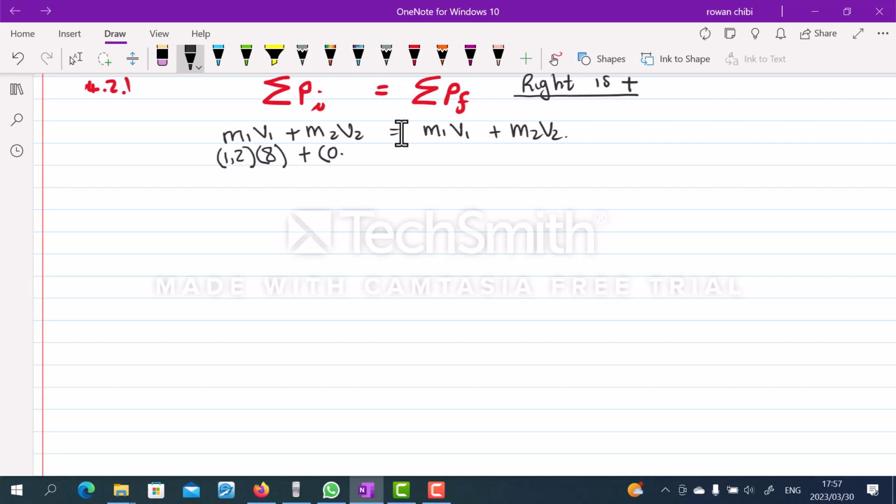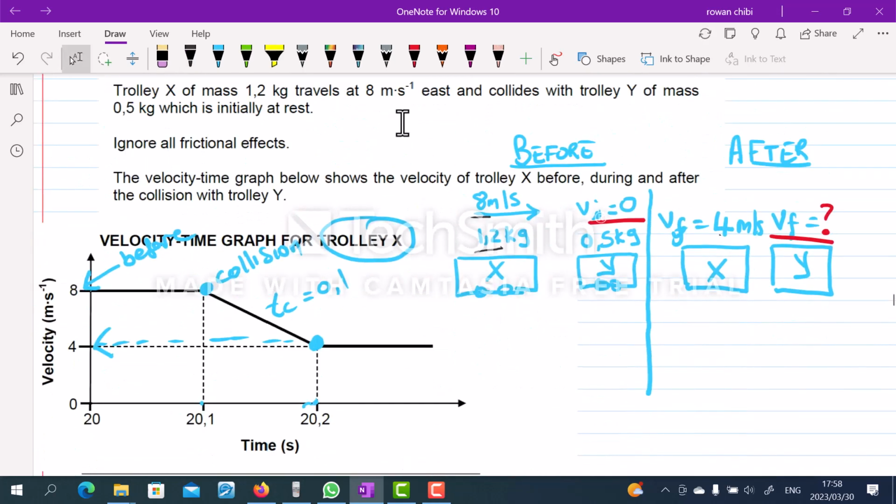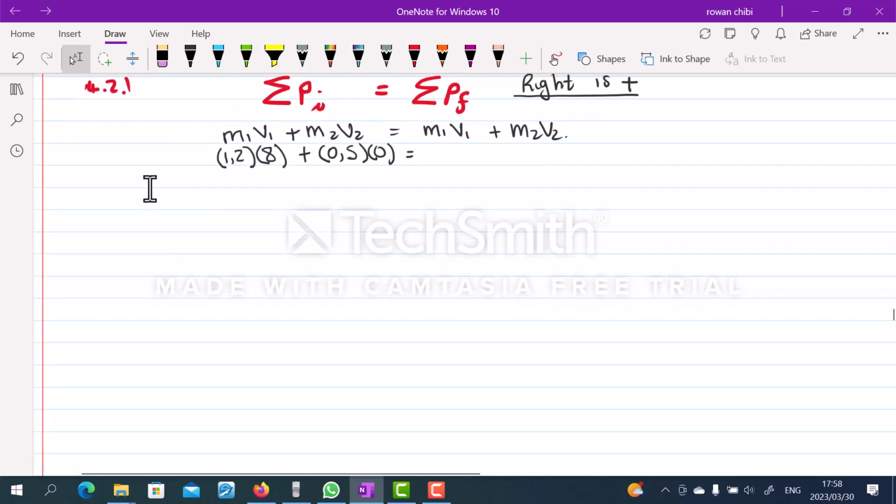Plus trolley Y is 0.5 and the initial velocity is 0. And then after collision, trolley X is 4 meters per second to the right and the mass is still the same, so it's still 1.2, then 4 meters per second.